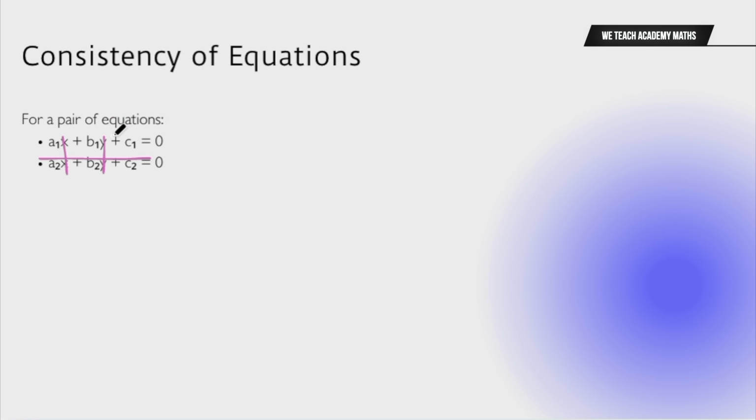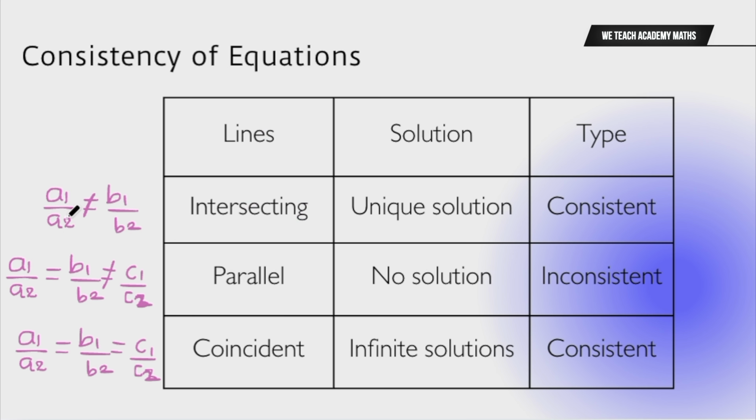Since the negatives will get cancelled, it will still be c1 and c2. So intersecting would be a1 by a2 not equal to b1 by b2. Parallel would be a1 by a2 equal to b1 by b2, which is not equal to c1 by c2. And then we have coincident, which would be a1 by a2 equal to b1 by b2, which is equal to c1 by c2.